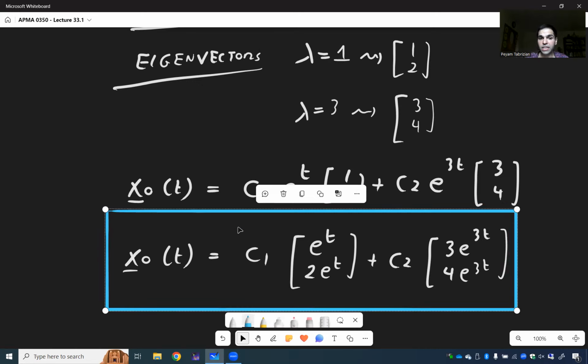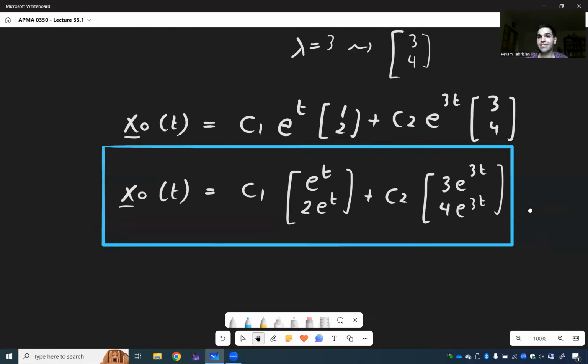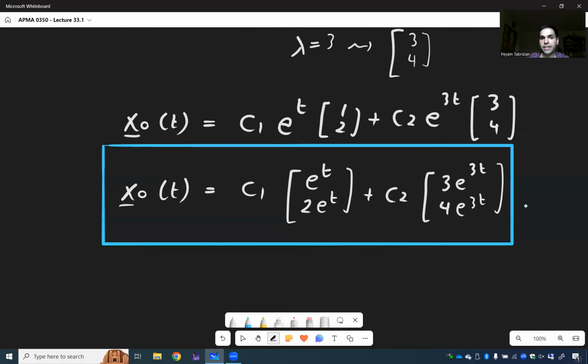And what's the idea behind var of par? Var of par says, guess the same thing, except C1 and C2 are now functions. We're literally varying the parameters. So step 2, var of par.